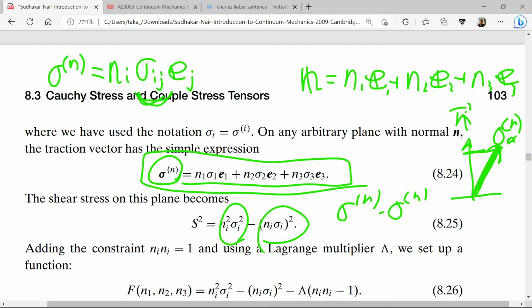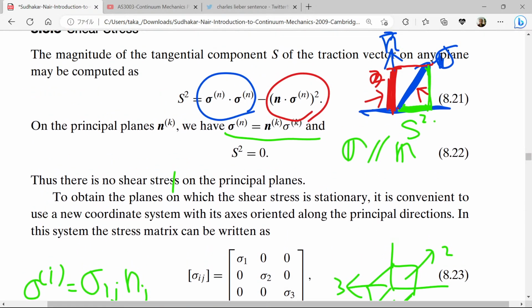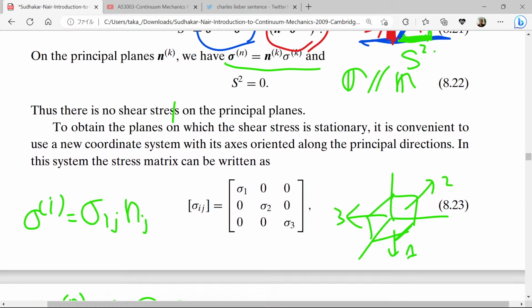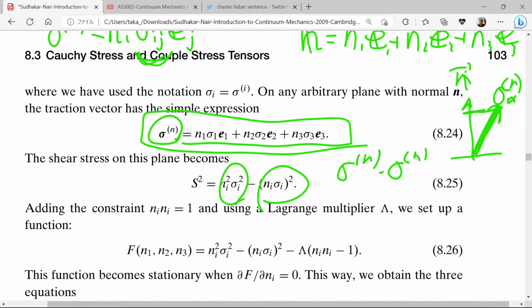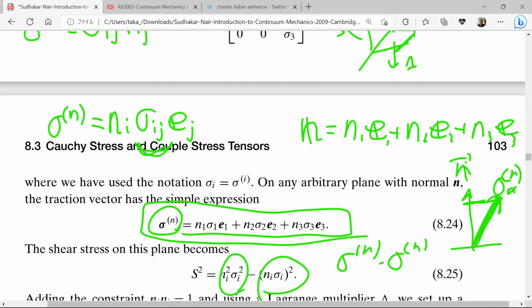I don't get this one. What is this? n dotted with sigma n, right? n dotted with sigma n, then square.